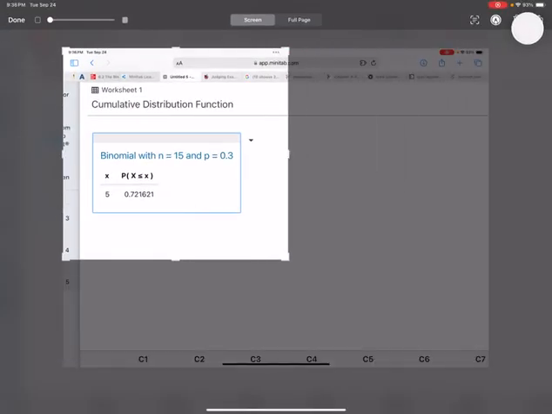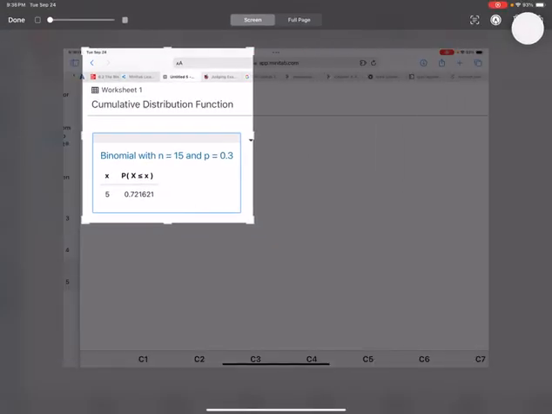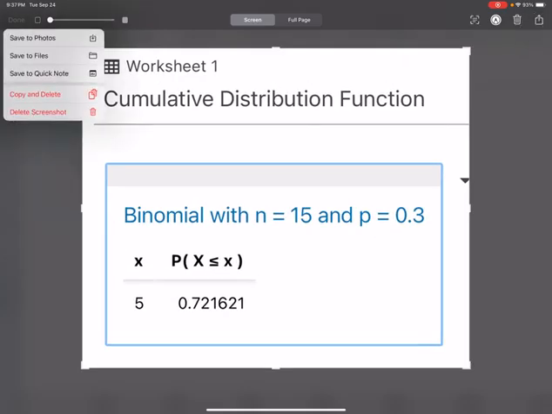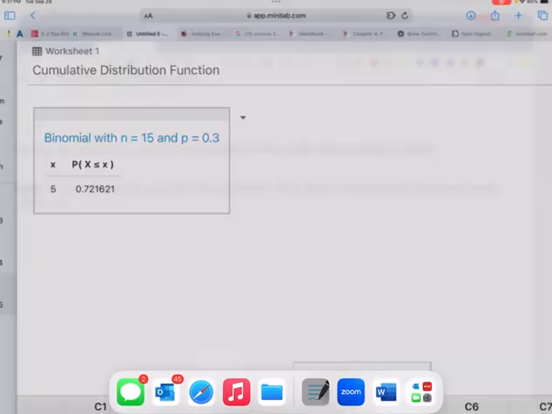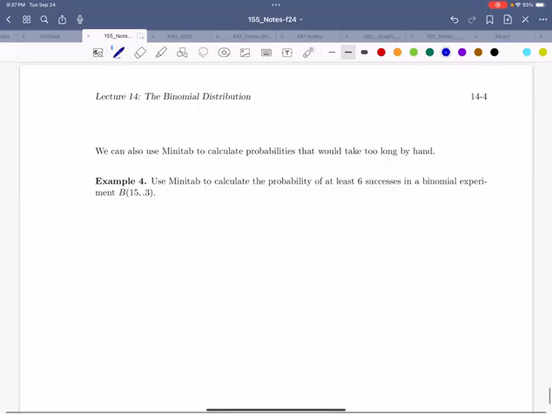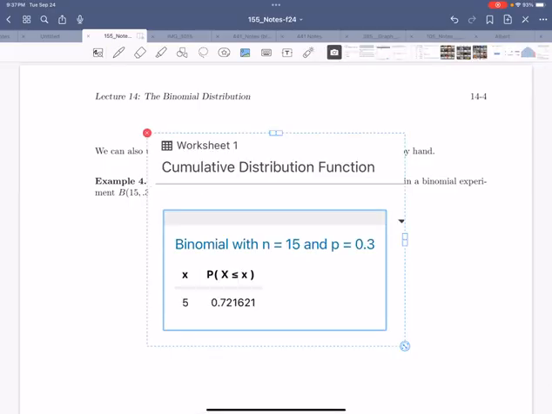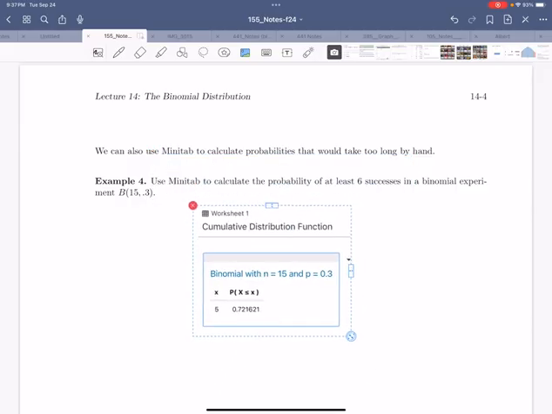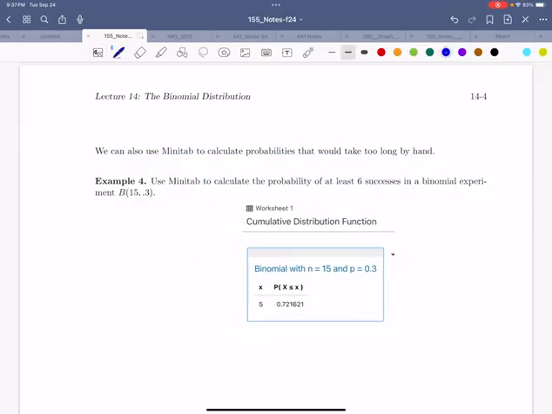Now let's crop this guy. All right, and now let's just paste it in here. So we have this. So the probability of at most 5 successes equals 0.72.